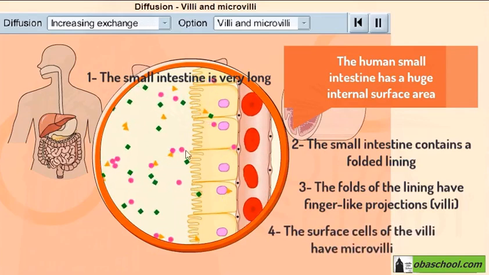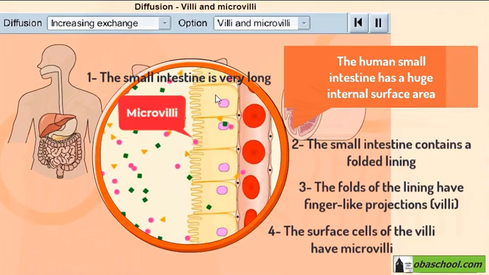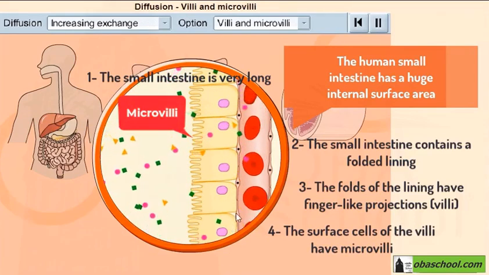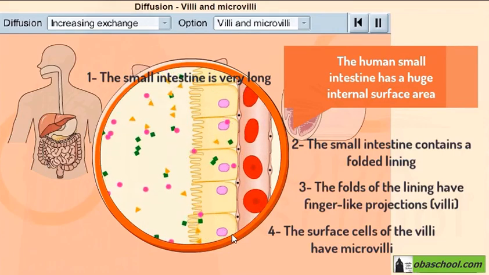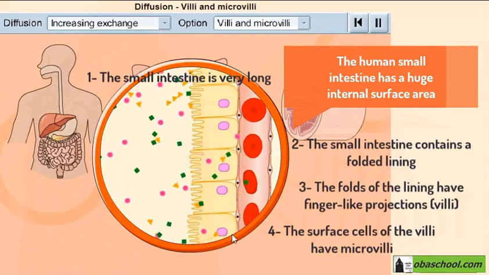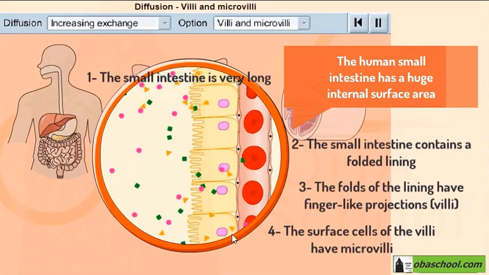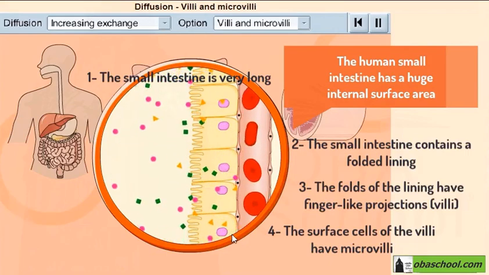And lastly, the surface cells of the villi have microvilli, formed from the cell membrane. So, there are 4 ways by which an increase in the surface area can be achieved.